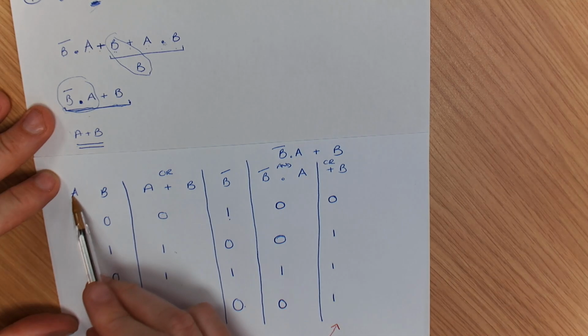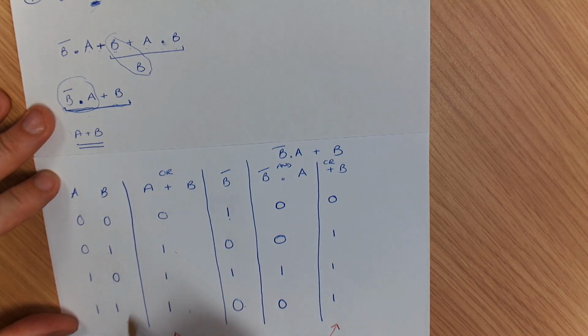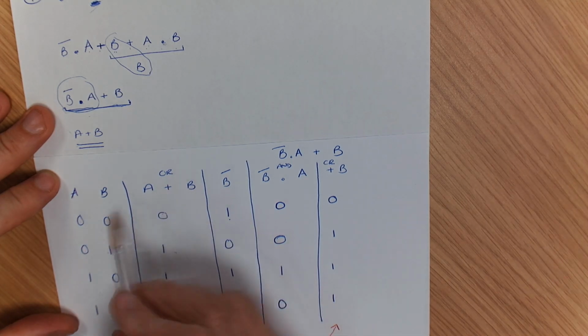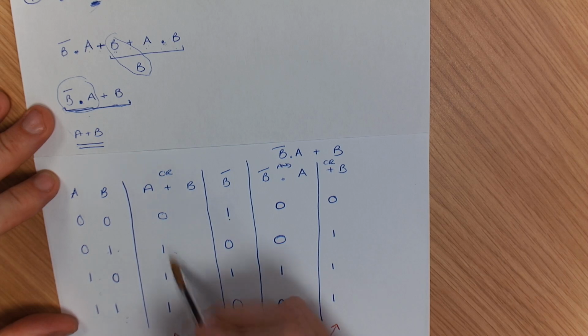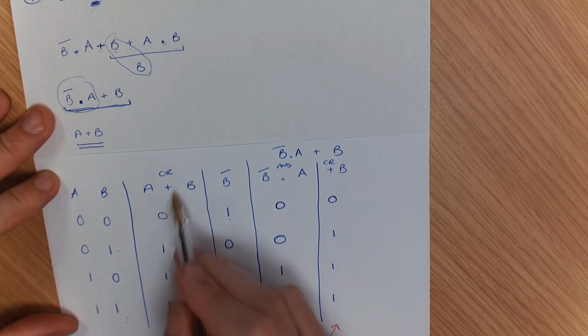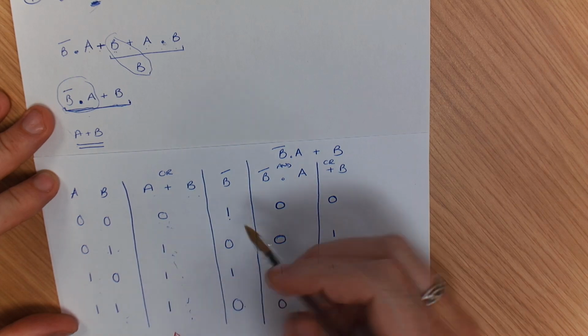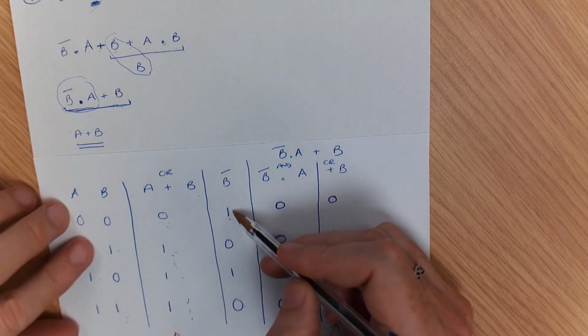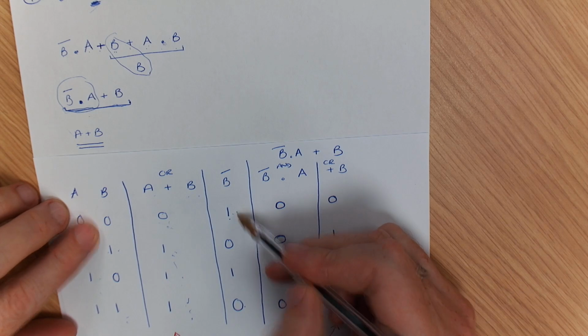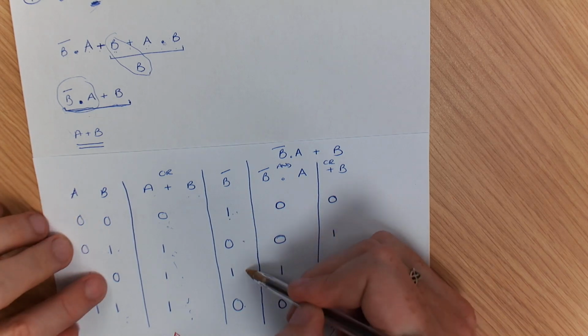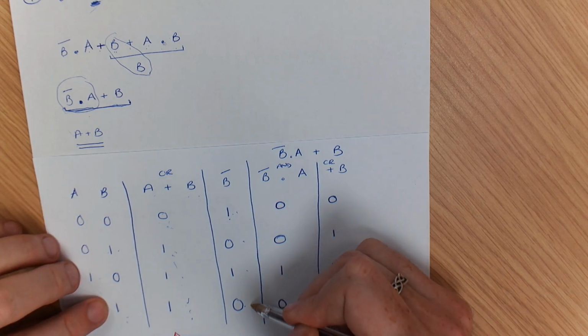What I've done is A, B as my inputs, and I've worked out that only 1 needs to be true in order for the outcome to be true. So we know that A or B is 0, 1, 1, 1. Now watch what we're going to do. I've just put a not B there, so I've negated that, so that becomes a 1, that becomes a 0, that becomes a 1, that becomes a 0, just so you can see how the absorption rule works here.